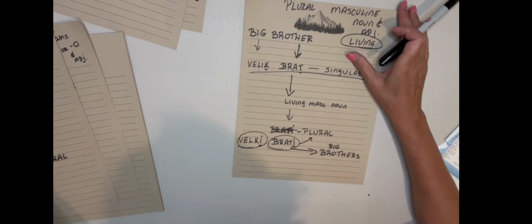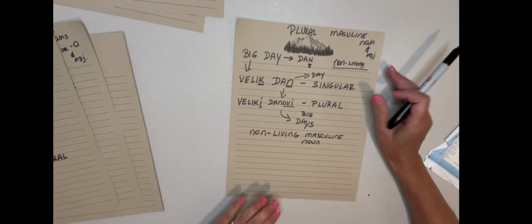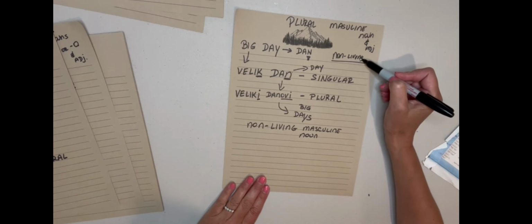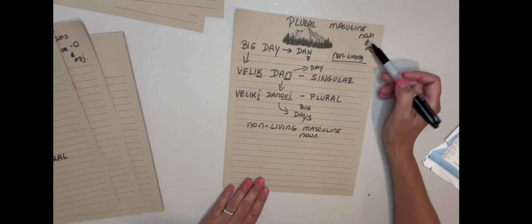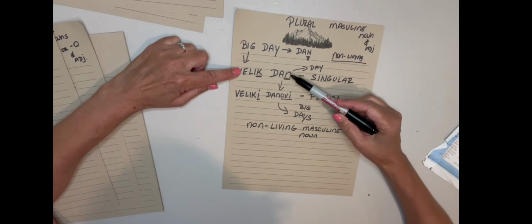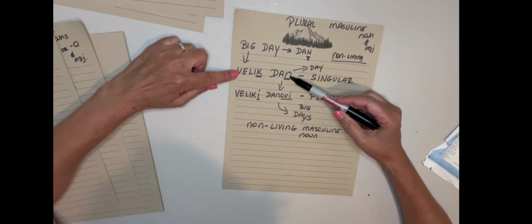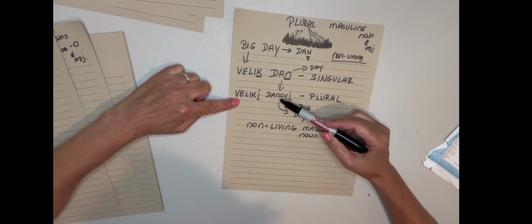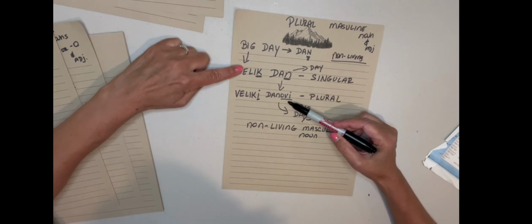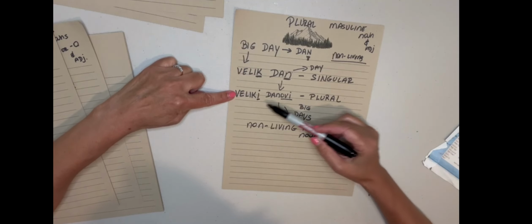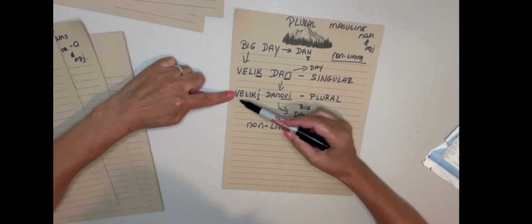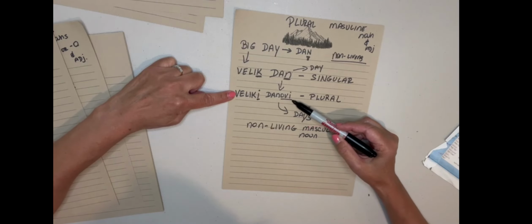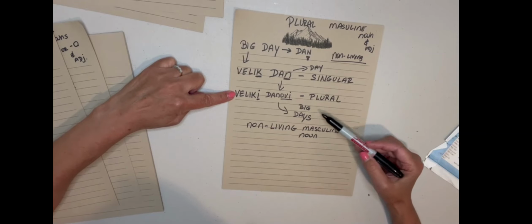Last one, if it's non-living, like dan or like grad, like velik dan, my plural version will be, I add an OVI, danovi, and my adjective will still just have an I, veliki danovi. And this is big days.